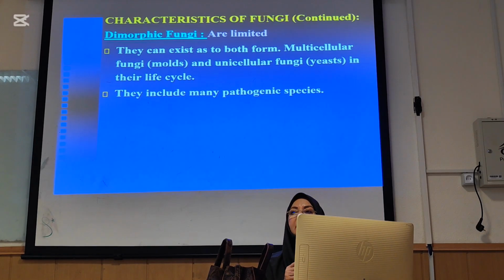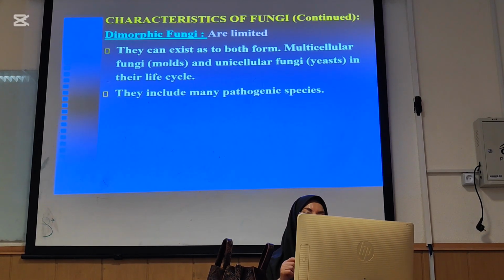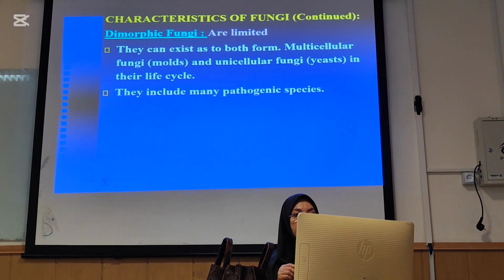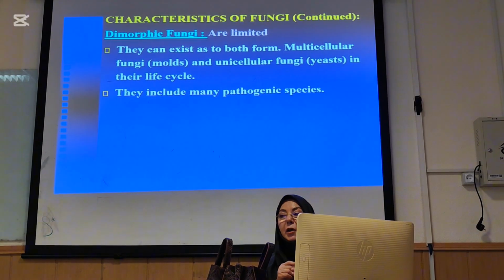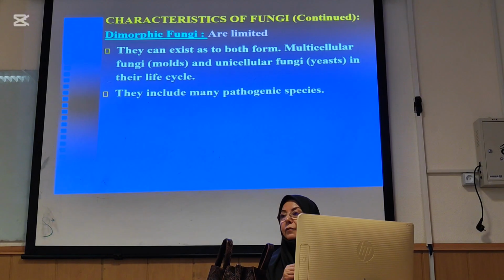For example, these fungal infections are histoplasmosis, blastomycosis, coccidioidomycosis, and paracoccidioidomycosis. These four forms of fungal infections are included in dimorphic fungi.